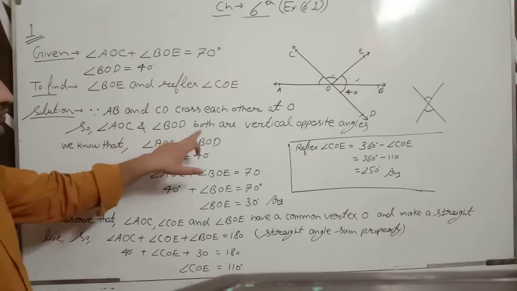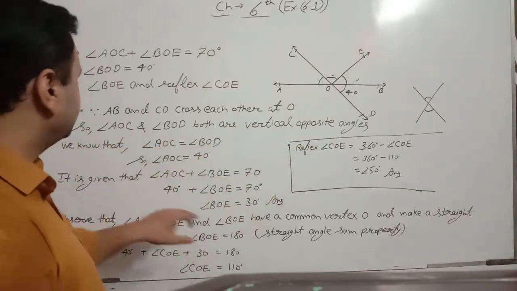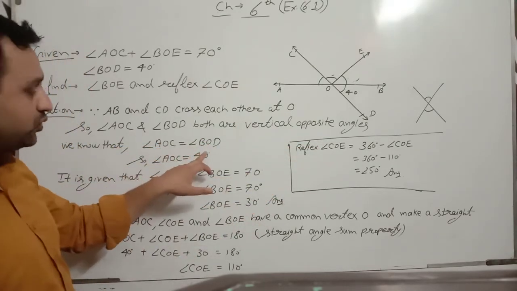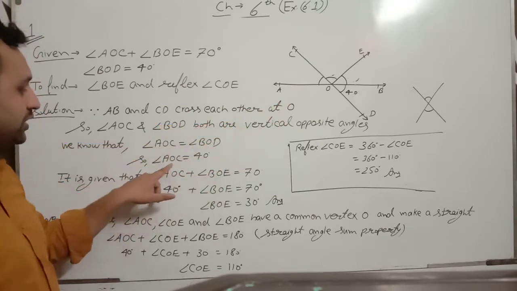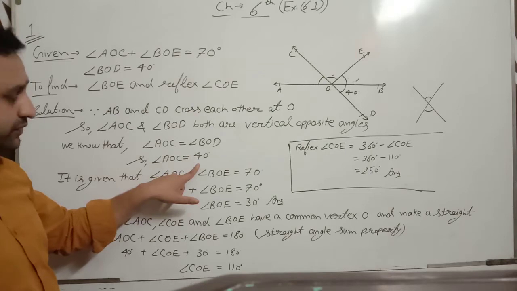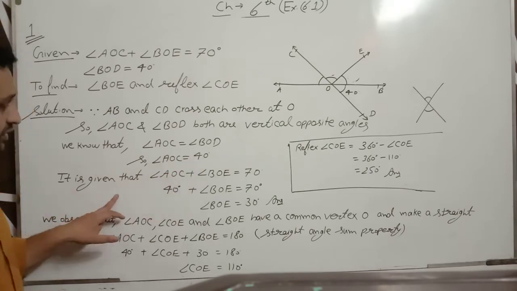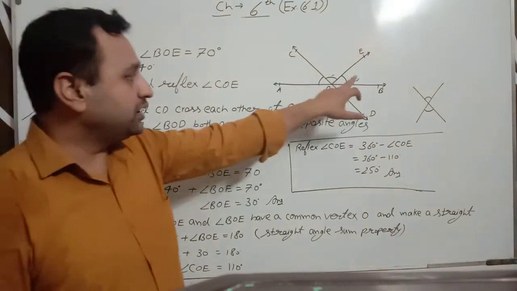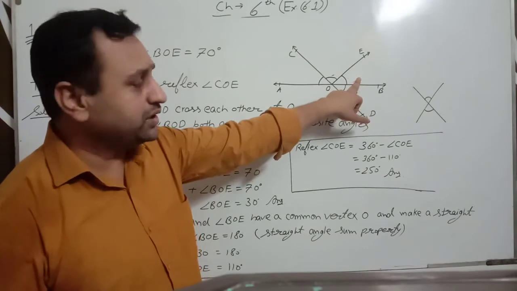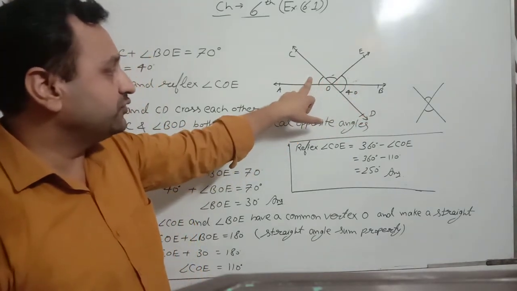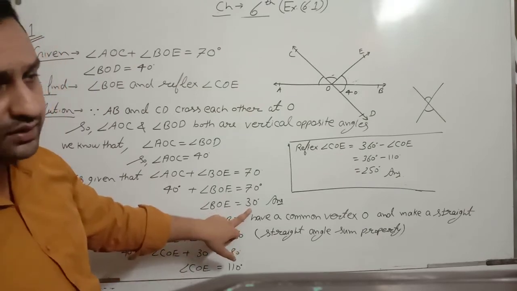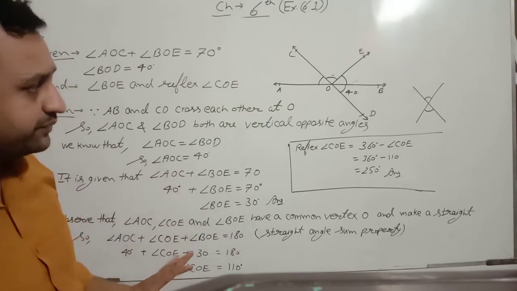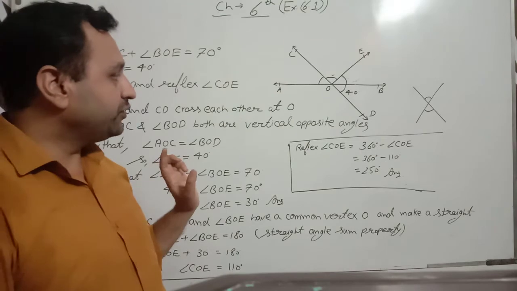These two angles are vertically opposite angles, and these two angles are equal, and angle BOD is 40 degrees, so angle AOC equals 40 degrees. It is given that the sum of angle AOC and angle BOE is 70 degrees, this angle is 40 degrees, so after calculation angle BOE is 30 degrees. It's our first answer.